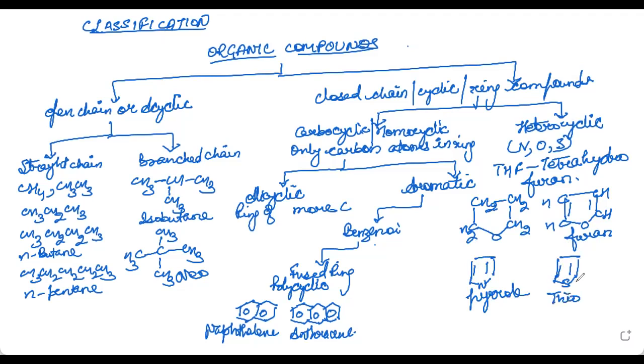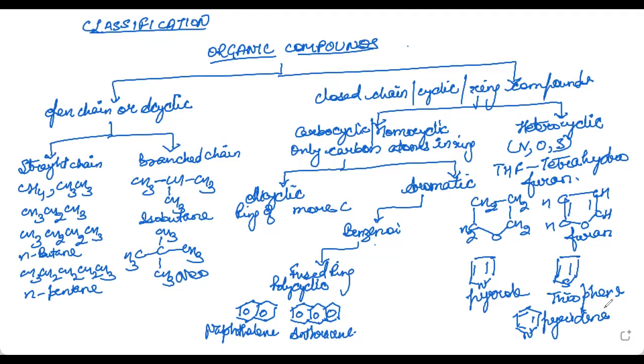So this is thiophene. Right? Then last one, pyridine. I'm not saying that these are the only heterocyclic compounds. There are a lot more heterocyclic compounds, but the examples here we are writing these many. Okay.